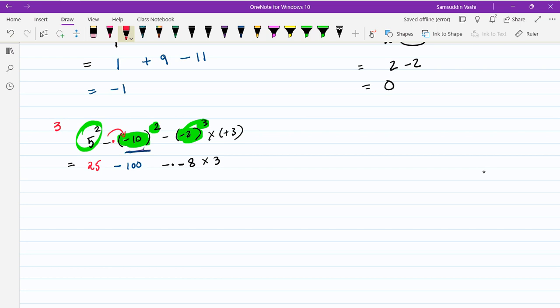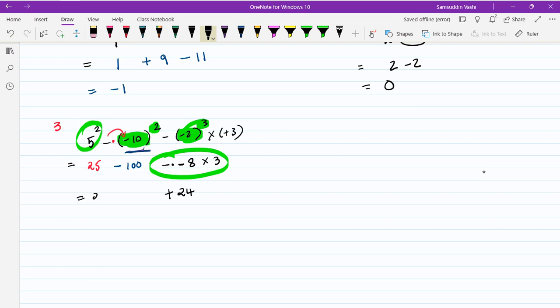Okay. Right. Then there is a multiplication here, so I must work on multiplication. How many signs in multiplication? 2, and both of them are negative. So 2 negatives in multiplication is positive, and 8 times 3 is 24.